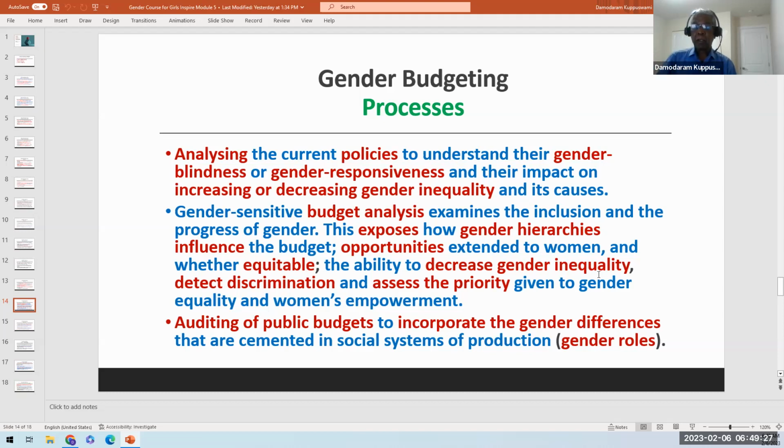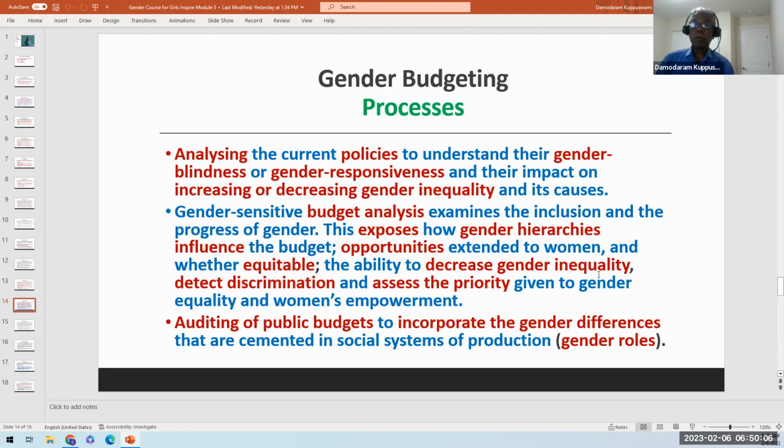So how gender blind or gender responsive public budgets are needs to be seen from these angles: how the gender perspective is included, how gender hierarchies are influencing, what opportunities exist and how equitable they are to different genders, what the ability is to decrease gender inequality, and what priority is given to gender equality and women's empowerment.